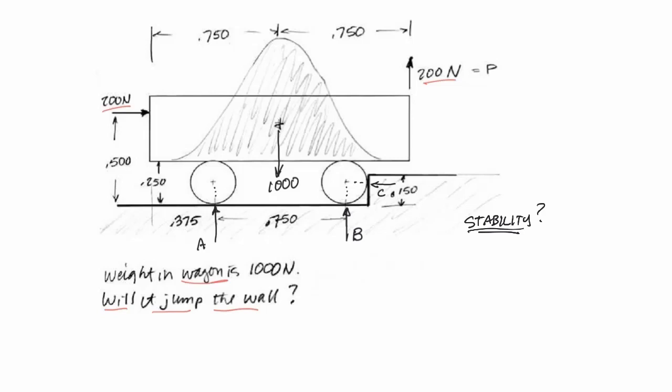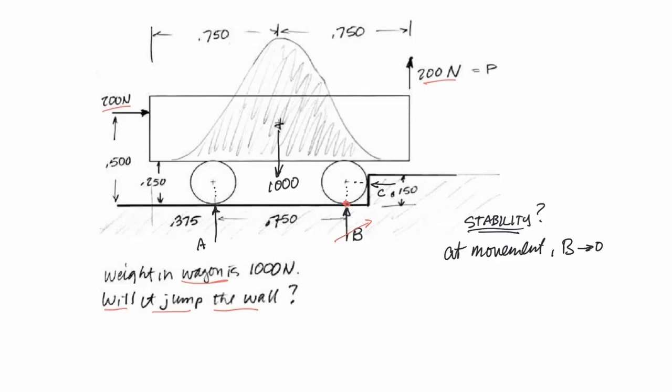Well, what happens is B goes to 0. In other words, the force there goes to 0, and so then it has the ability to move, if you will. So at tip, and I'll call it at movement, I'll say that B goes to 0.